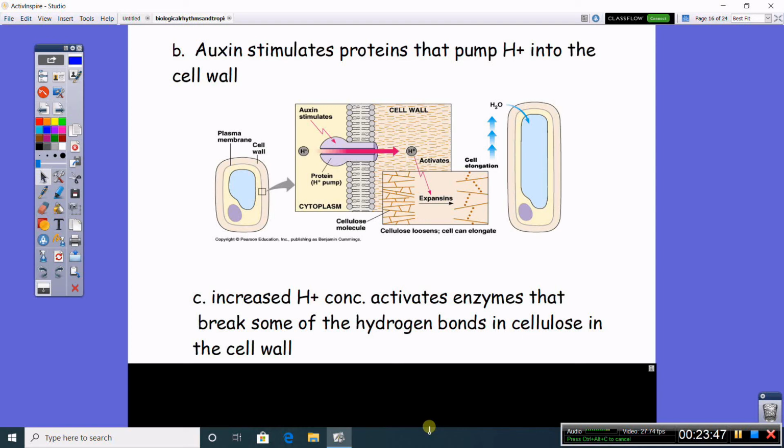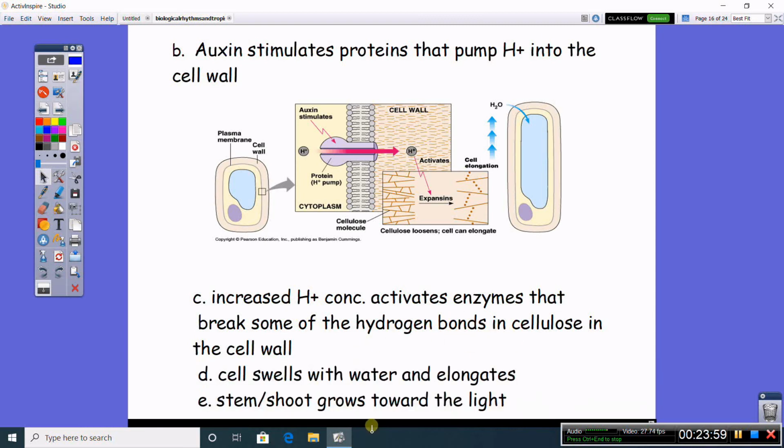Because remember, the cell is going to elongate. Okay, so when you have more H pluses there, that's going to cause some of the hydrogen bonds to break, and then the cell is going to swell with water and elongate, and then that will cause the stem or the shoot to grow towards the light.